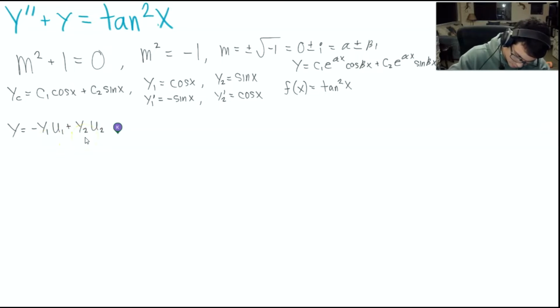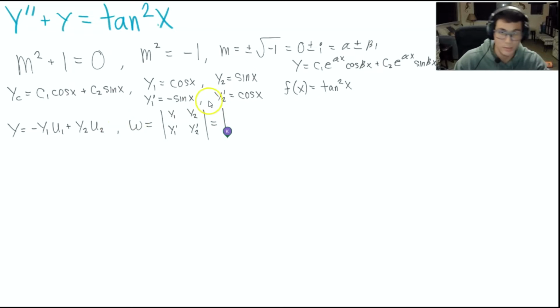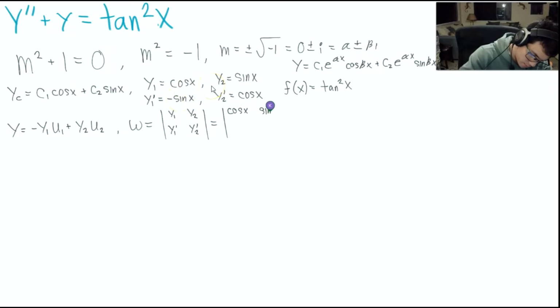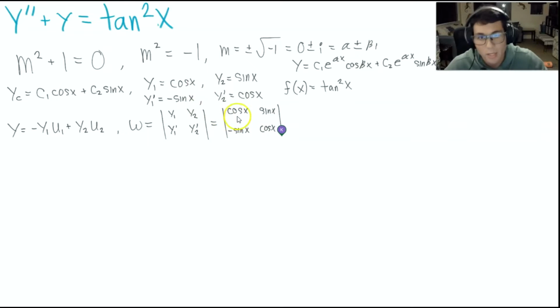We need to find the Wronskian, which is W of y1, y2, with the matrix y1, y2, y1 prime, y2 prime. Now we plug in all this: cosine x, sine x, negative sine x, and cosine x. Before I even do this, I haven't done this problem yet, I bet you the Wronskian's 1.